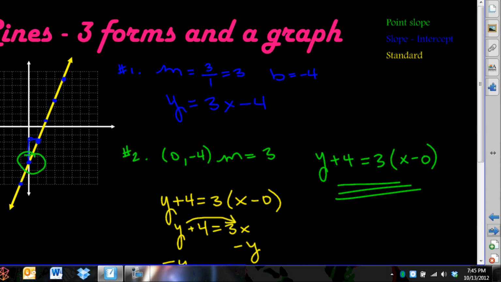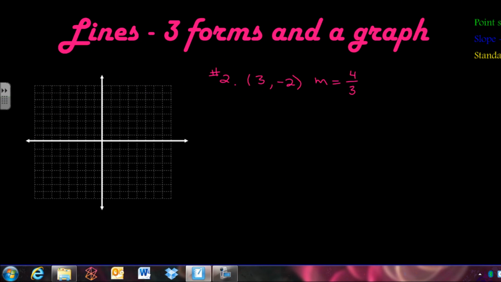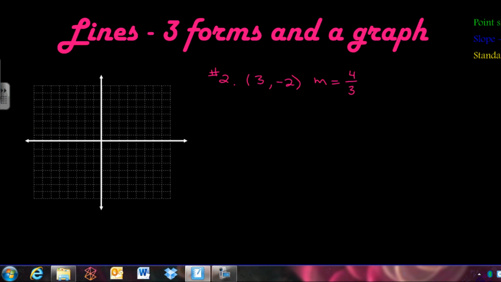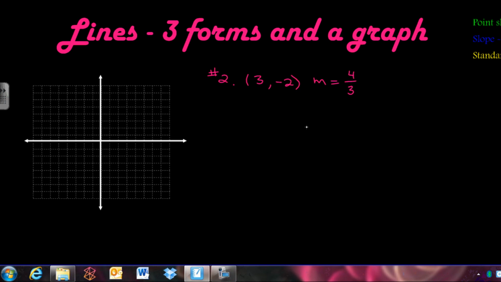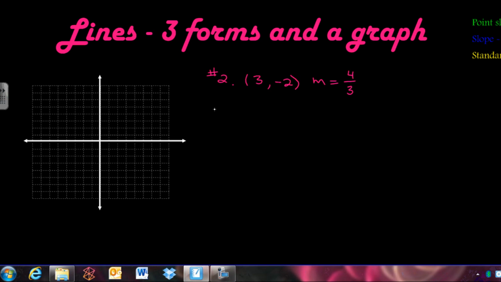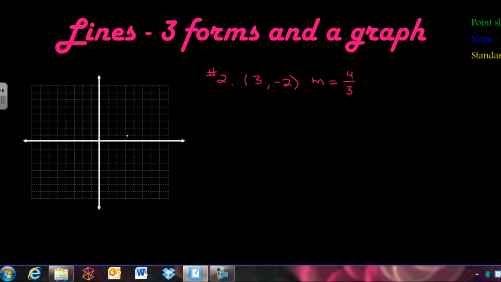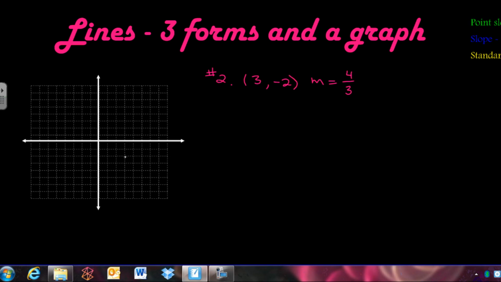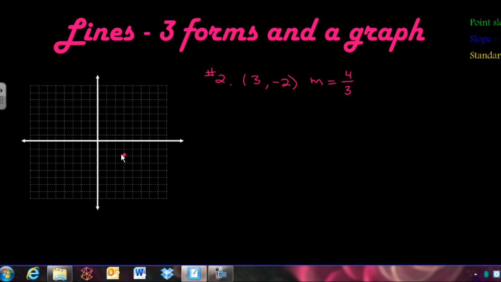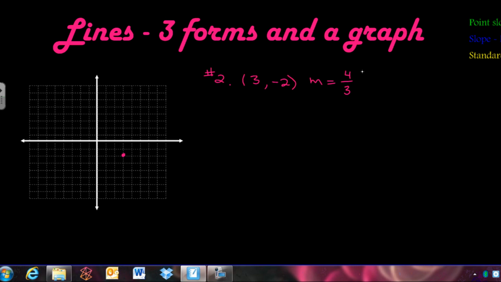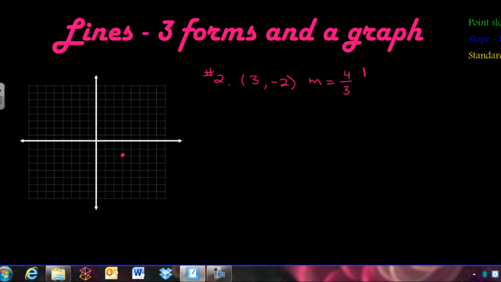All right, let's do example number 2. On example number 2, I'm giving you a point and a slope. So the first thing you need to do is draw your point. Then you're going to use the slope 4/3 to make a second point.